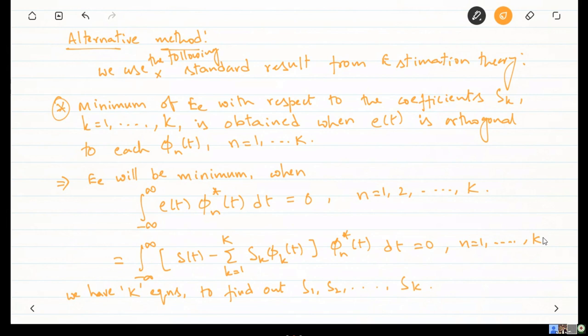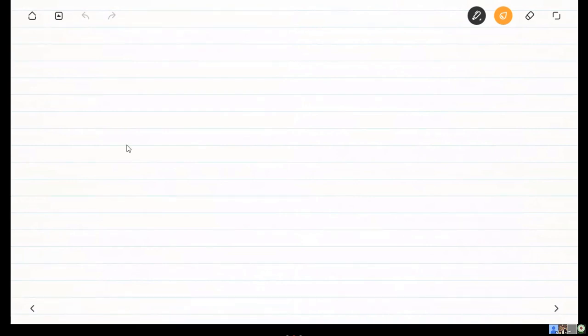So now let's find out what these coefficients should be.